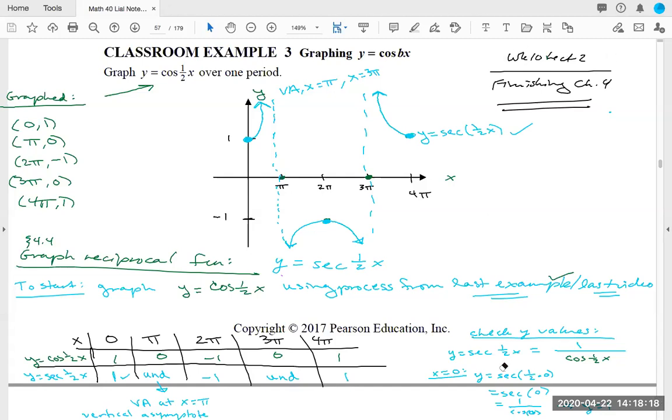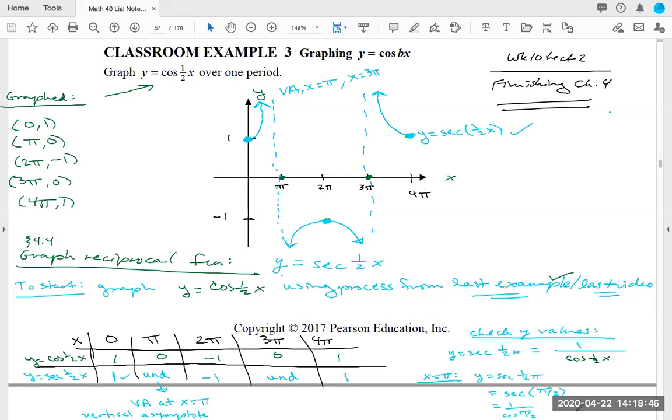Let's try one more to see what happens with the asymptotes. If I have x equals pi, when I plug in, y equals secant of 1/2 pi, that is secant of pi over 2, which is 1 divided by cosine of pi over 2.